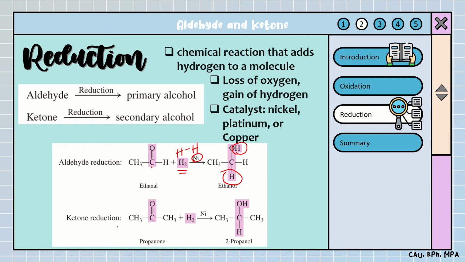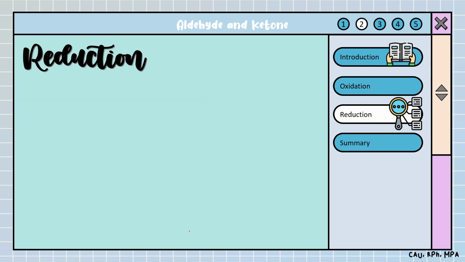Similarly with our ketone. And since our hydroxyl is bonded to a carbon which is bonded to only one R group, this is considered primary. And our hydroxyl here is bonded to a carbon with 2 R groups, therefore this is considered secondary.